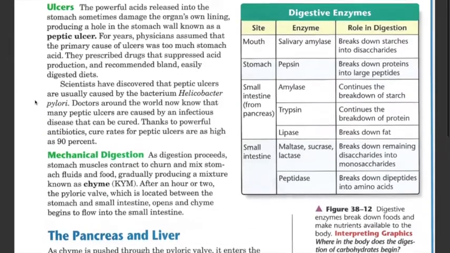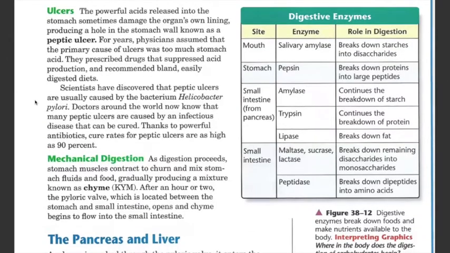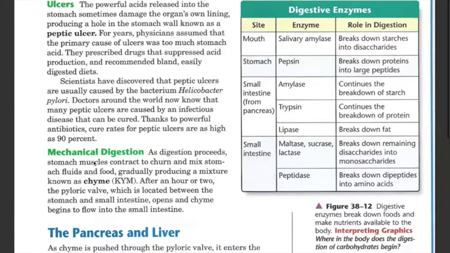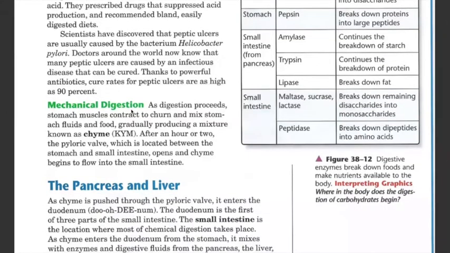All right. So we just read up on chemical digestion, where all of these chemicals, these enzymes, are used to rip these molecules apart into something brand new. Mechanical digestion is different. As digestion proceeds, stomach muscles contract to churn and mix stomach fluids and food, gradually producing a mixture known as chyme.